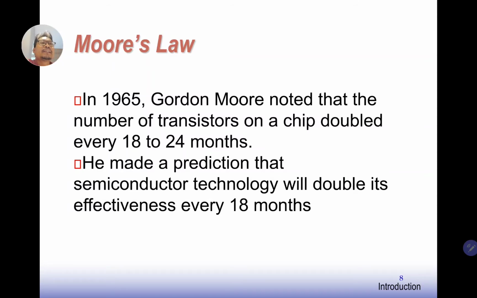Moore's law. So what is Moore's law? Moore's law basically says that the number of transistors on a chip doubles every 18 to 24 months. He made a prediction that semiconductor technology will double its effectiveness every 18 months. And it's still true today, in some sense.